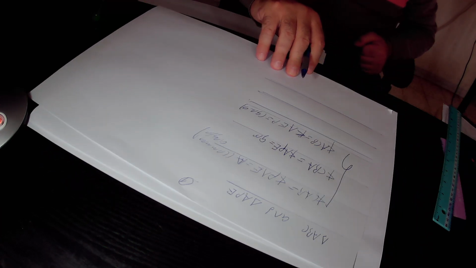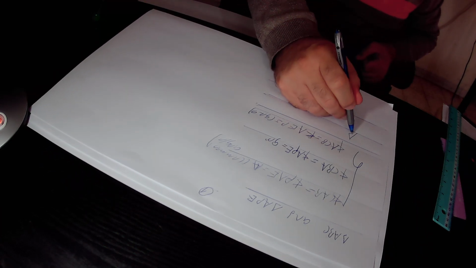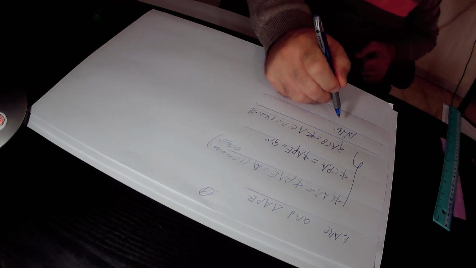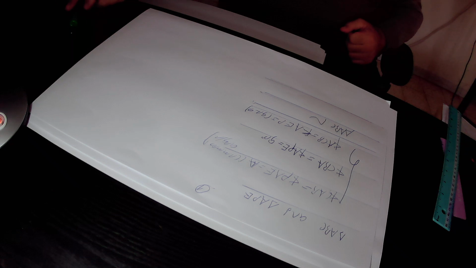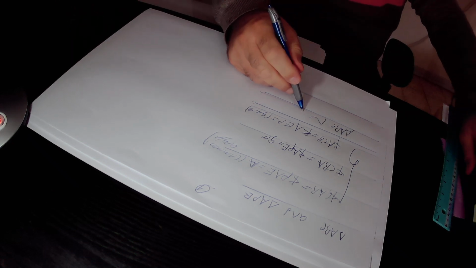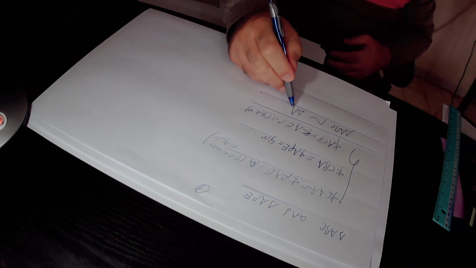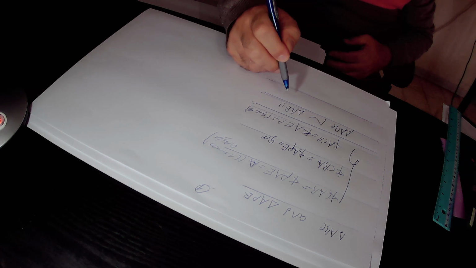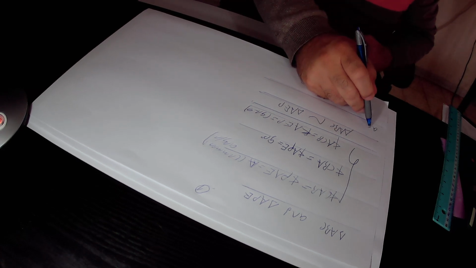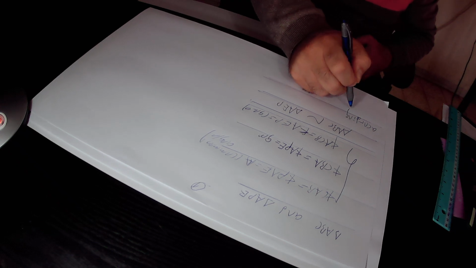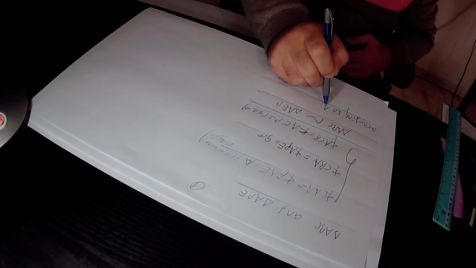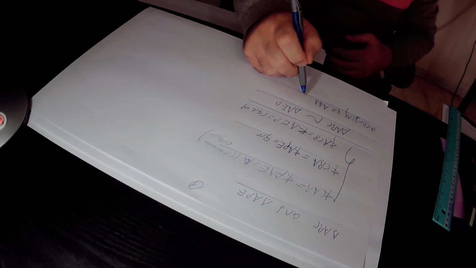We actually prove that the big right triangle ABC is similar, this is the sign of similar, to the small right triangle AEP according to the angle similarity rule.